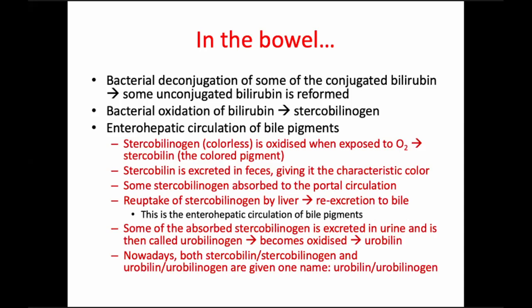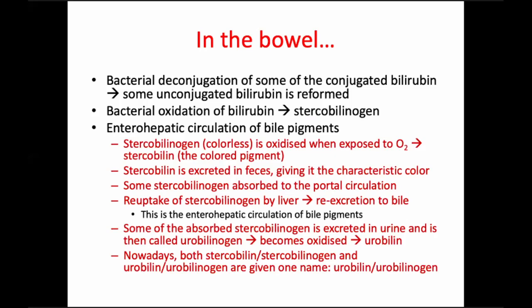So, the stercobilinogen, which is colorless, if that is oxidized when exposed to oxygen, it produces stercobilin, which is colored, which has a brownish reddish sort of color. Now, stercobilin is not absorbed, is excreted in the feces, giving rise to the characteristic color of the feces, the brownish yellow color.